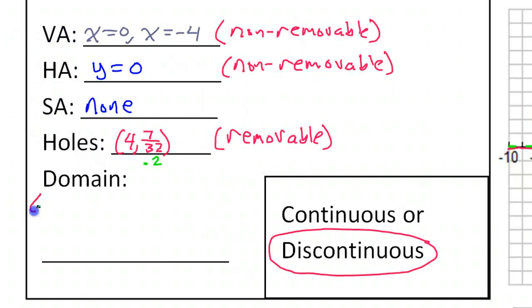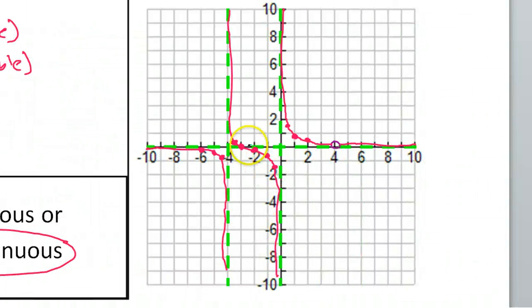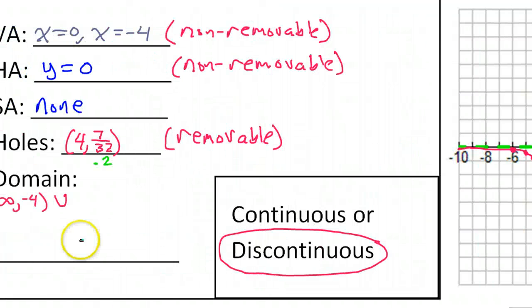Okay, so domain, negative infinity to negative 4, union. And then the middle part, alright, it goes from asymptote to asymptote. So negative 4 to 0. Okay, negative 4 to 0.